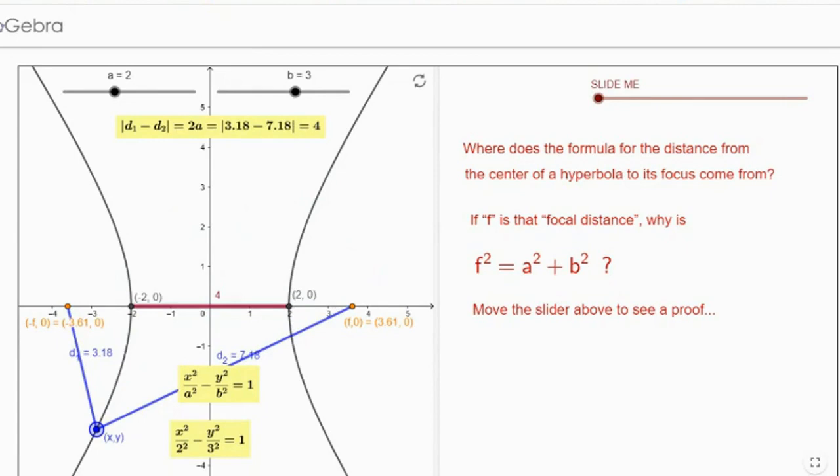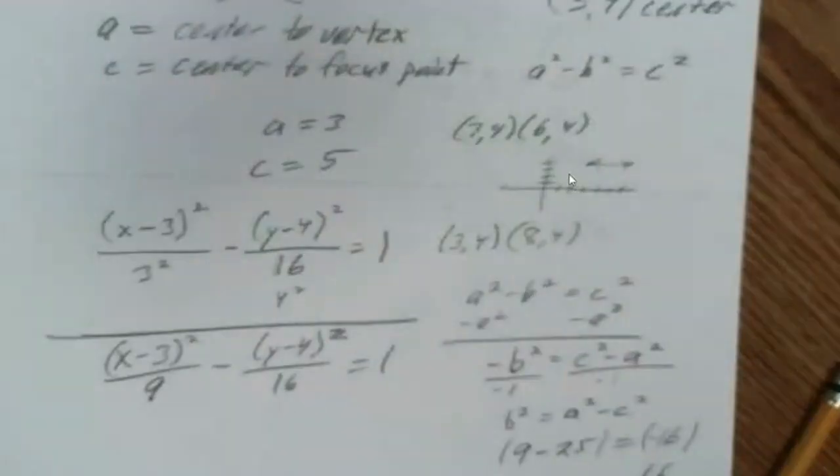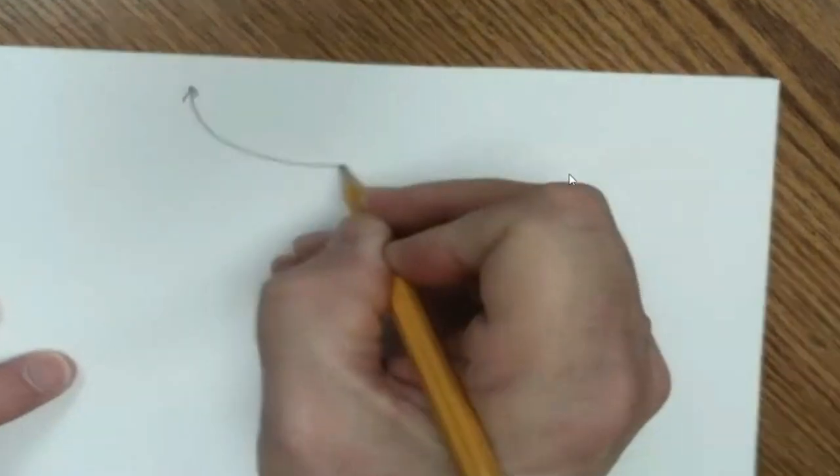But let's talk about the asymptote now. So an asymptote, let me draw that real quick. We've talked about an asymptote when we did logarithms and exponents.